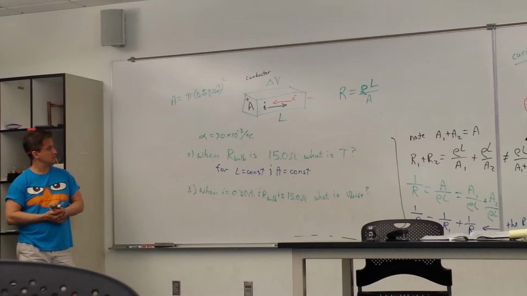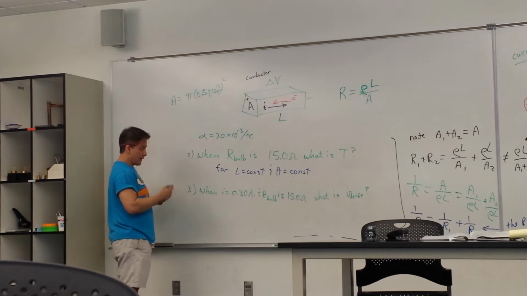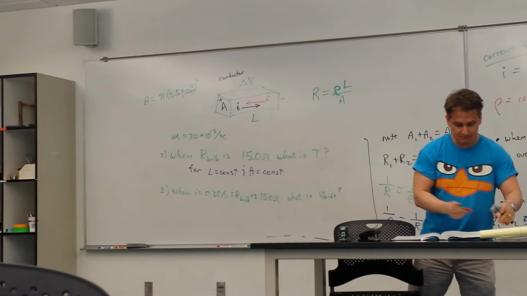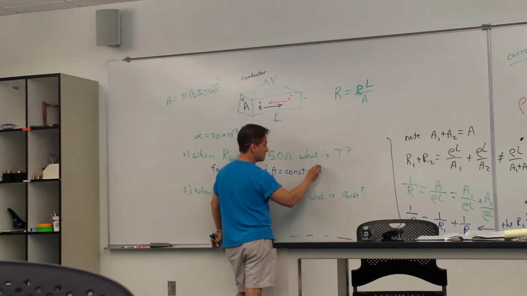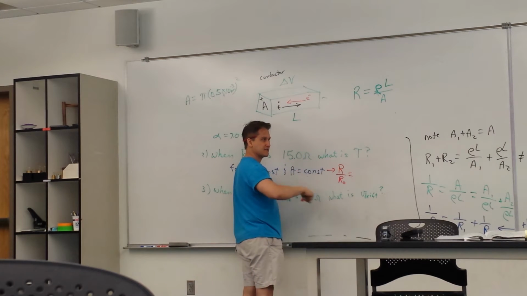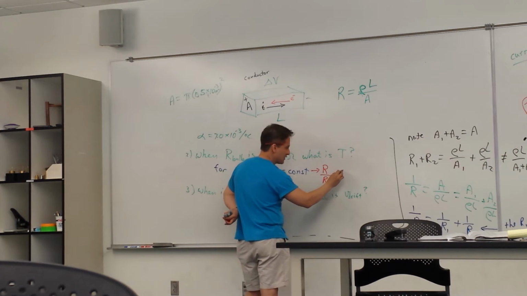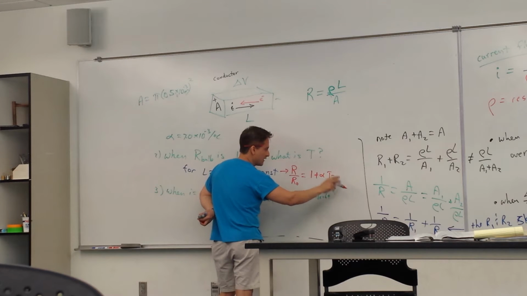Anybody? Almost there. Okay. And by the way, if L and A are constant, then I'm going to take a shortcut approach, and rather than use my resistivity, I'm going to make a note that R over R naught, the A's, the L's, and the rho's all cancel, should be equal to 1 plus alpha times T minus 25.